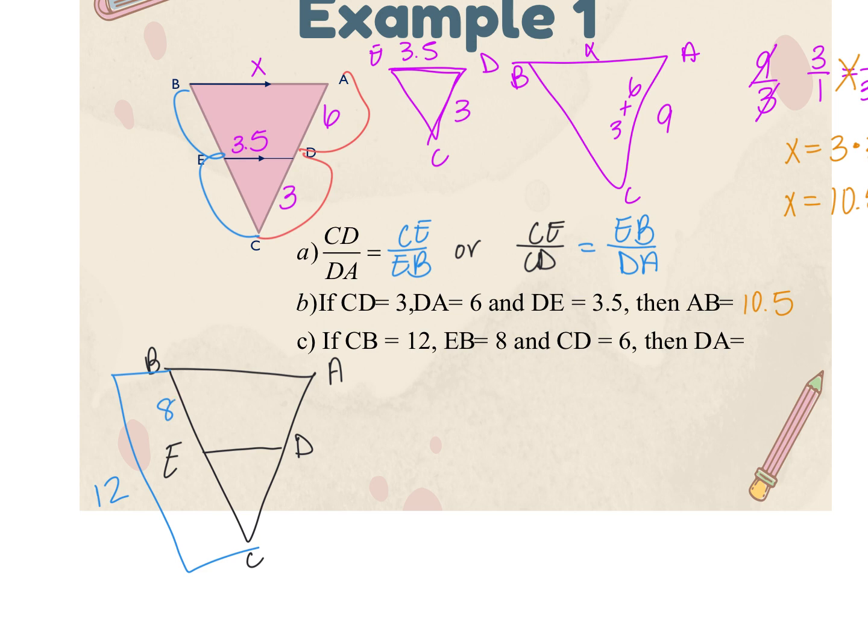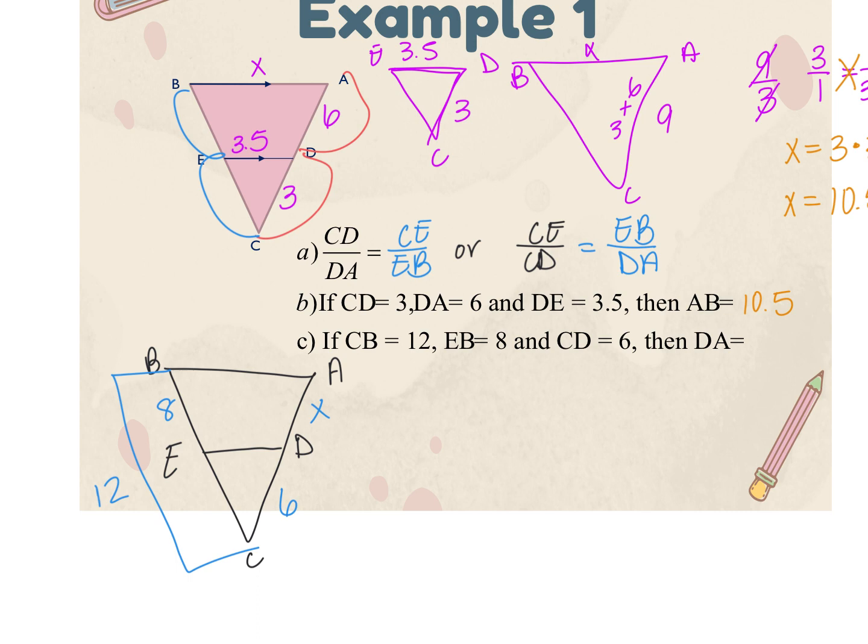BE is 8. CD is 6. And DA is what I'm trying to find out. Look at the difference in the setup. They're giving me all of my sides, okay? They're giving me my sides for C. Are they giving me my sides for B? No. They're giving me my sides and my bases.